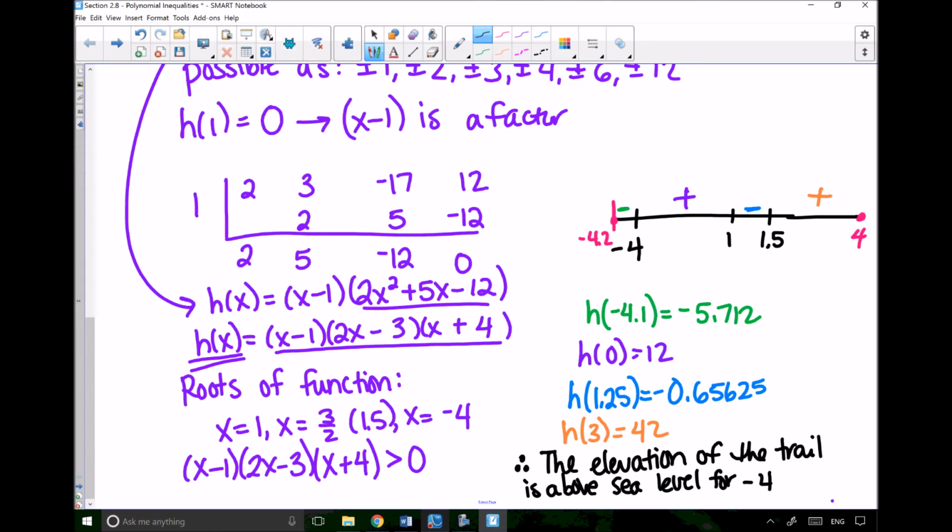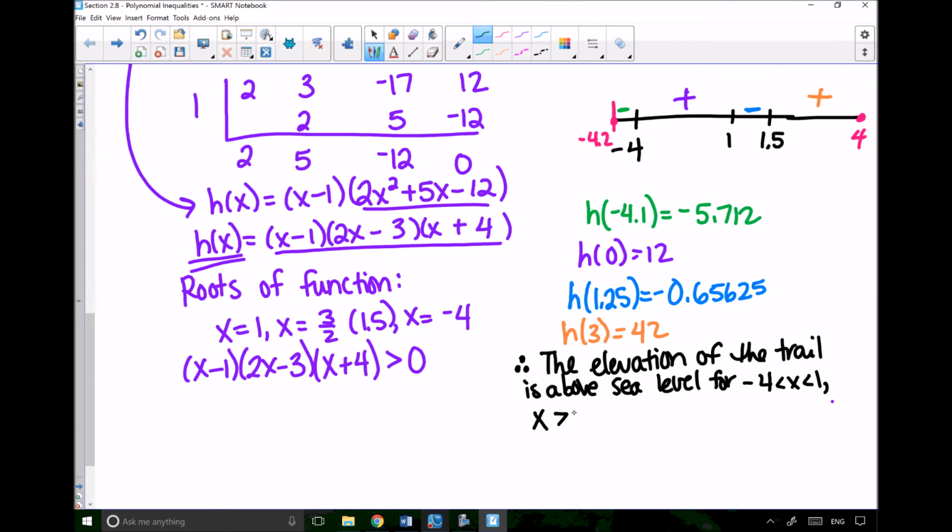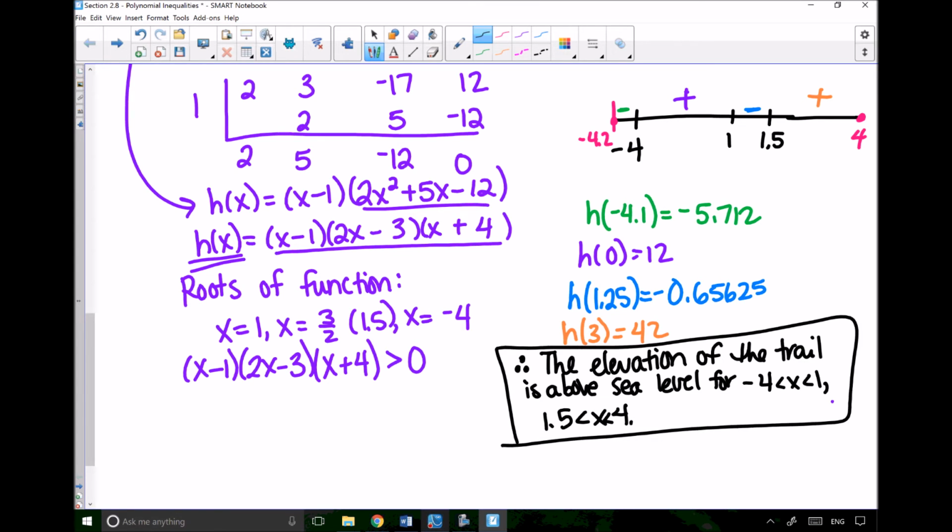So negative 4 is less than x is less than 1, as well as x is greater than 1.5 but less than 4. So between 1.5 and 4. Okay? We have to stop at 4 because that's what our restricted domain tells us that we have to do.